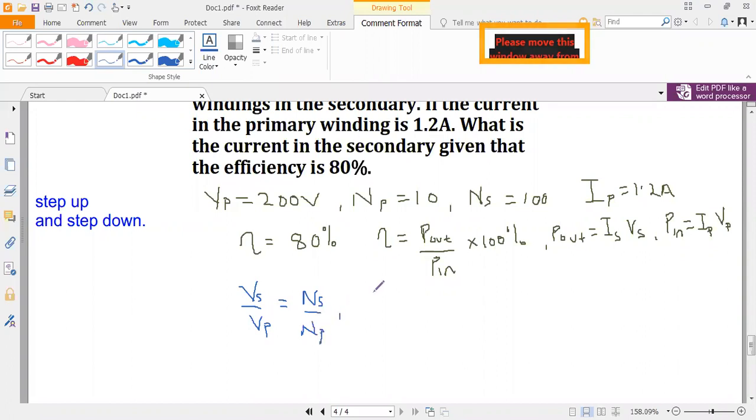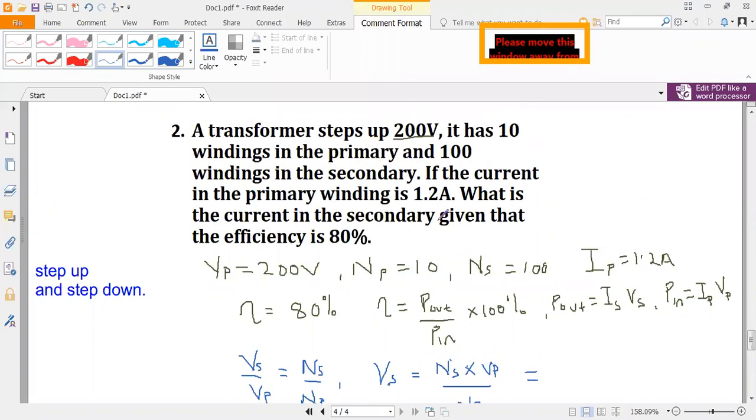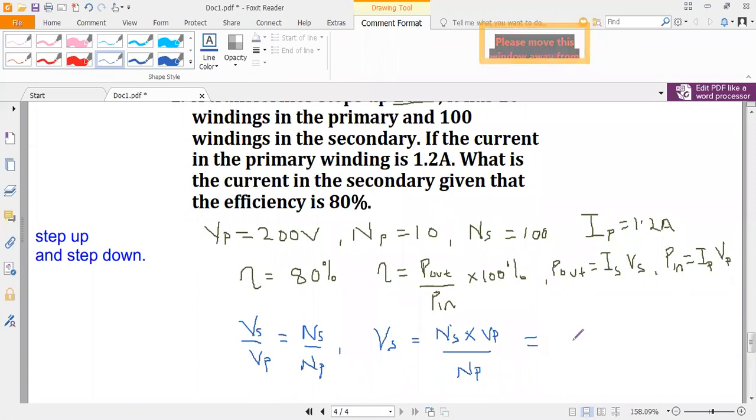Since we are looking for Vs, Vs is given by Ns multiplied by Vp, divided by Np. Substituting the values, this is 100 multiplied by the potential of the primary, which is 200, divided by the number of turns of the primary, which is 10. We end up with 2000 volts.